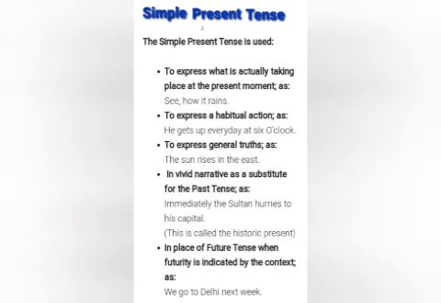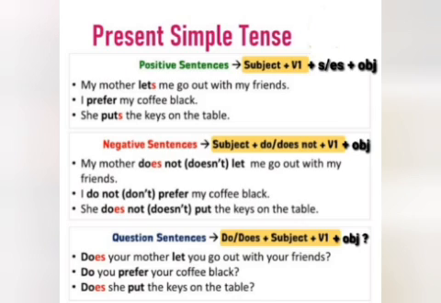Like for example, we go to Delhi next week. Now there is a general format, a syntax, to write simple present tense: subject plus verb's first form V1 plus S or ES plus object.